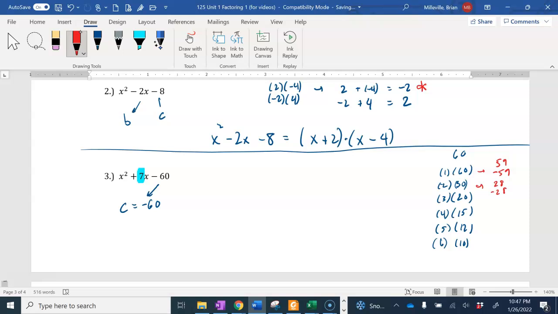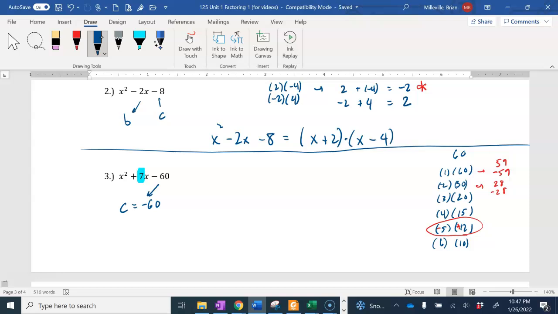And so on and so forth. Hopefully you can see by this inspection that the winning pair here has to be 5 and 12. We can get to 7 with 5 and 12, and we're going to have to keep more positive weight with the 12 and a minus sign with the 5, because negative 5 plus 12 is going to give us 7. So that's the winning pair of factors.